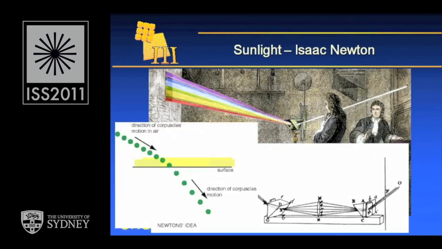Newton thought of light as being corpuscular, made of particles. Given his contributions to gravity and so on, I guess this was quite a natural notion. He thought these particles, propagating towards a material interface like the surface of the prism, would experience different mechanical forces as they approached the interface, sort of an imbalance.